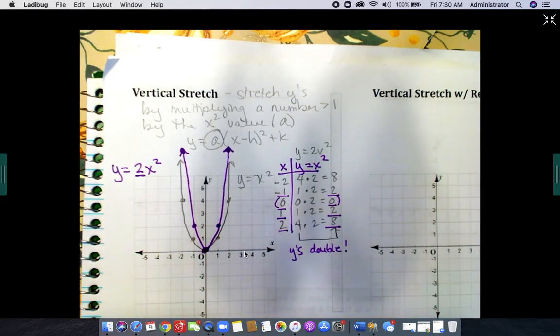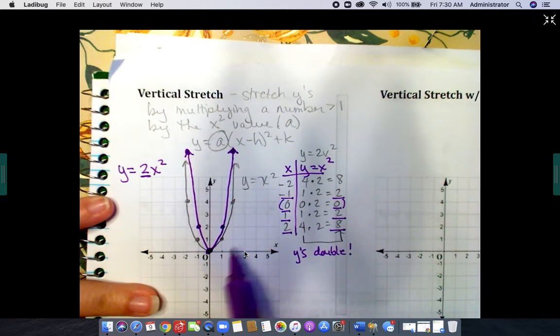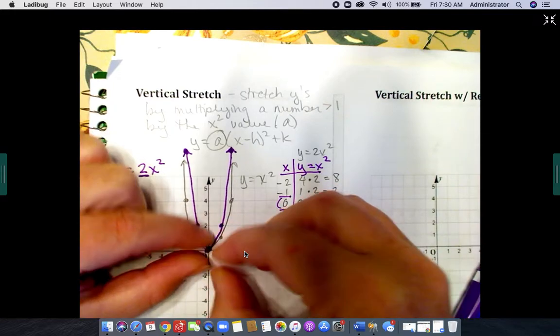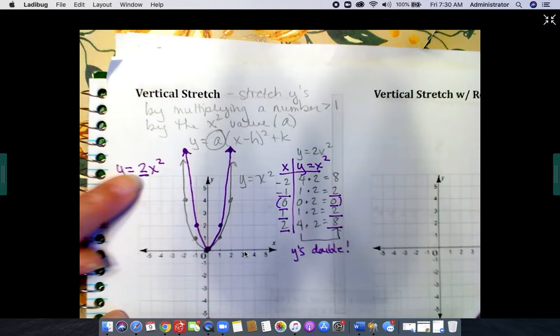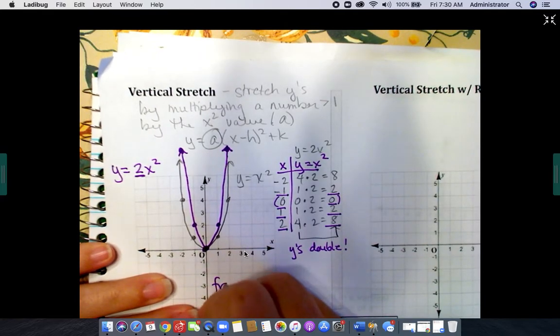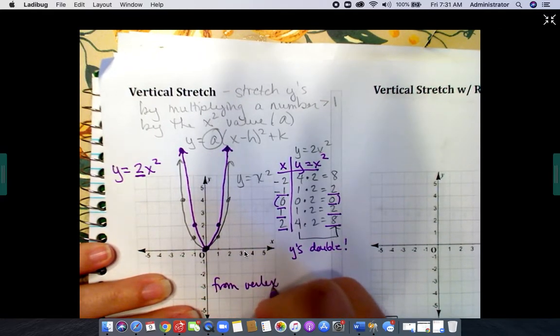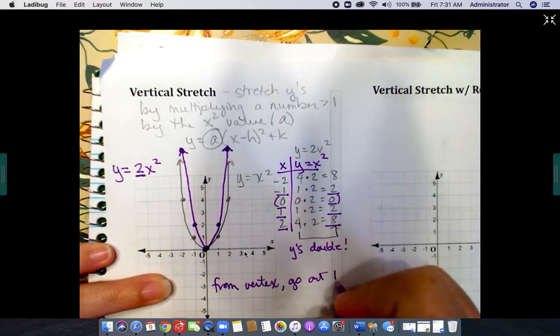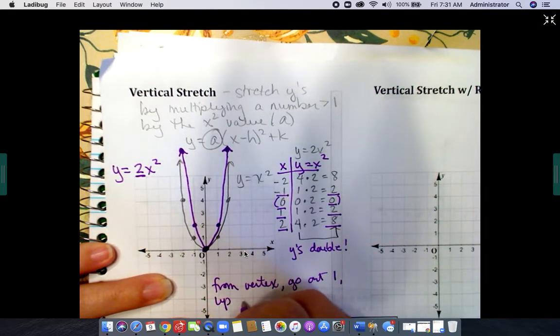Okay? So again, how do I get the ordered pairs to graph this? Instead of going out 1, up 1, I'm just going to go out 1, up my a value. So let's write that down. From vertex, go out 1, up a.